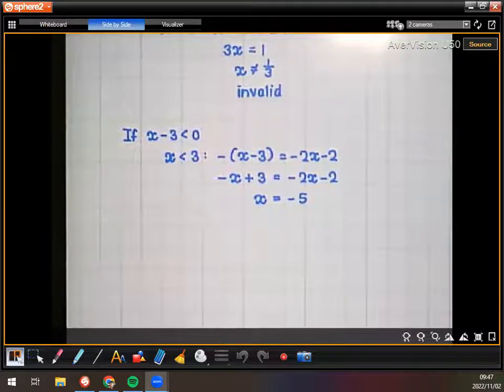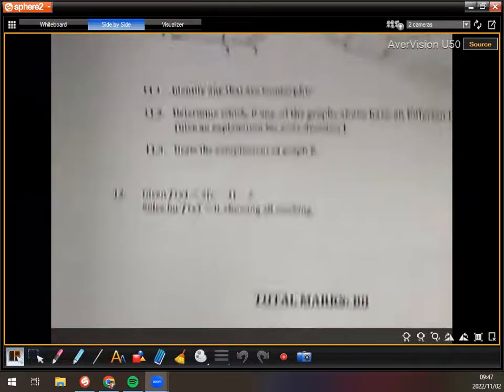Now I'm talking about the very last question. Oh no, it's just saying solve for this equals 0. So guys, let me just show you quickly.